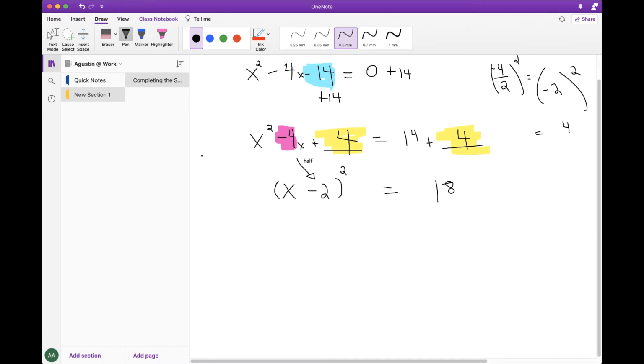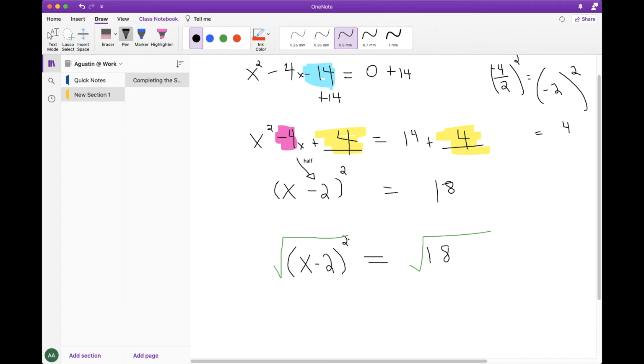So to use the square root property, again, I'm going to rewrite this. It's x minus 2 squared equals 18. So the first thing I'm going to do is take the square root of both sides, right?